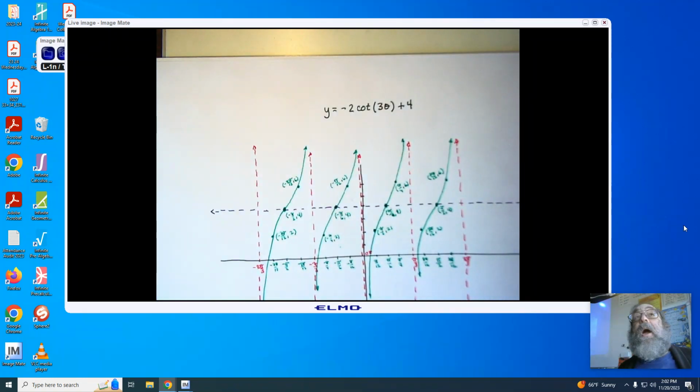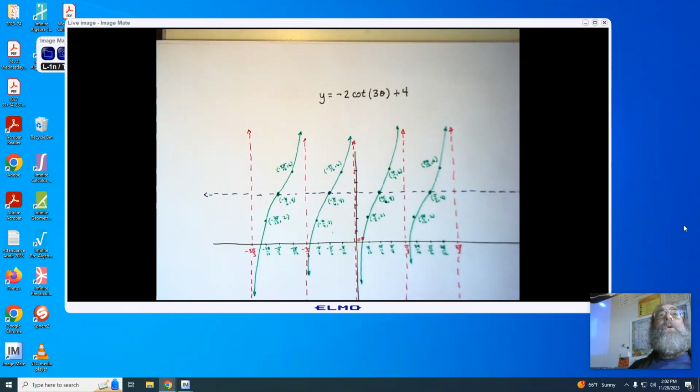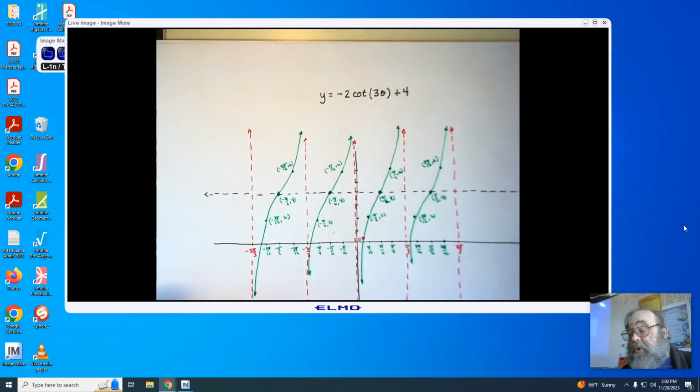And this is now my graph of negative 2 cotangent 3 theta plus 4. That's graphing a cotangent.